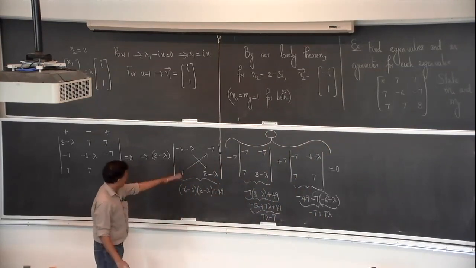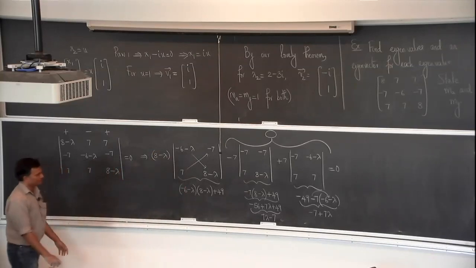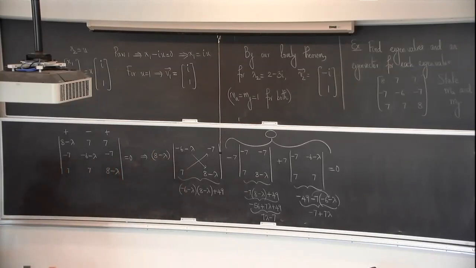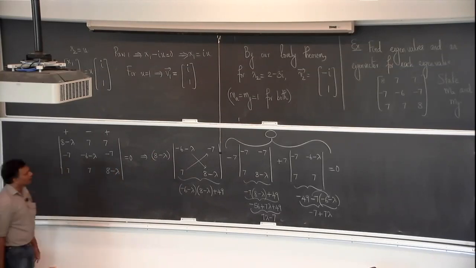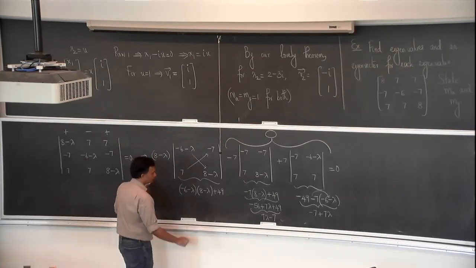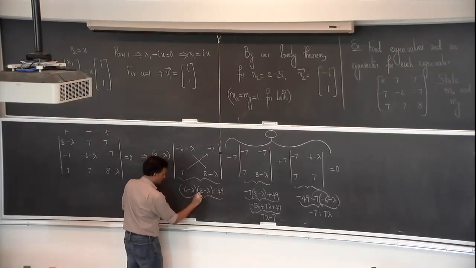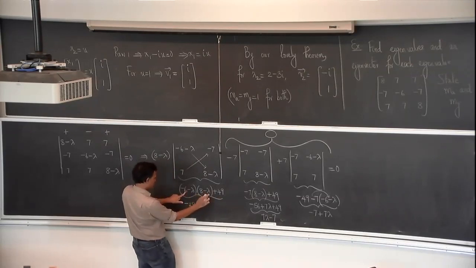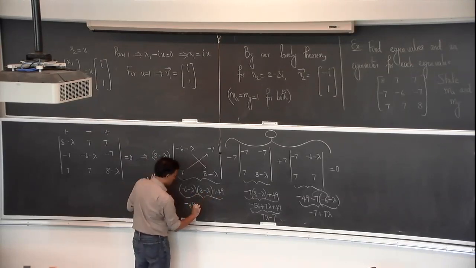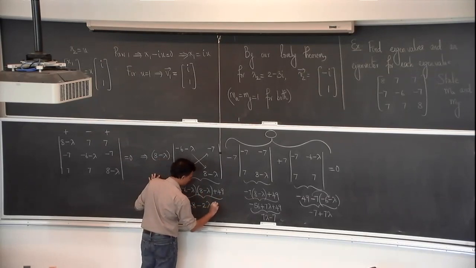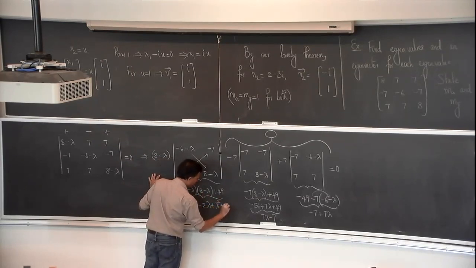So we only have to worry about this term now. Two of the headaches are gone, one remaining. Let's expand this. It's going to be negative 48, plus 6 lambda minus 8 lambda, that's minus 2 lambda, plus lambda square plus 49.